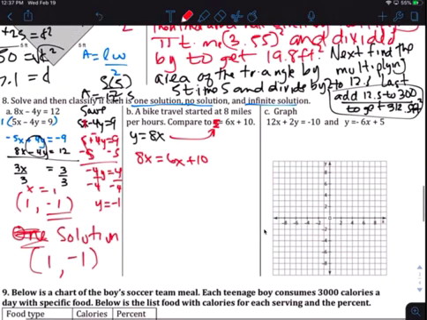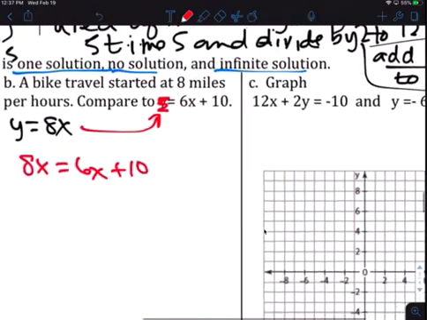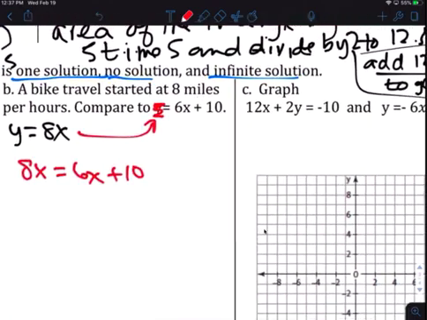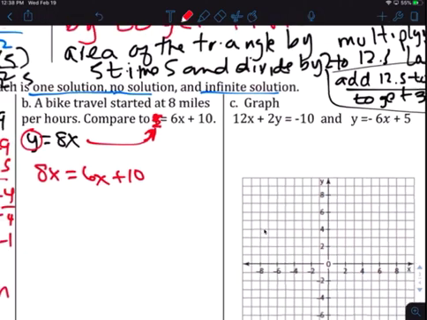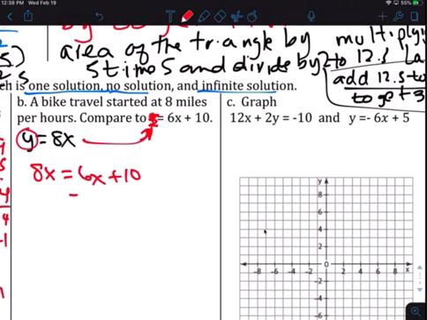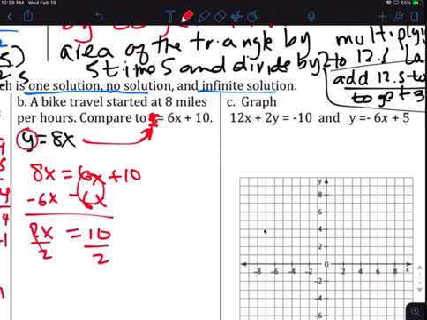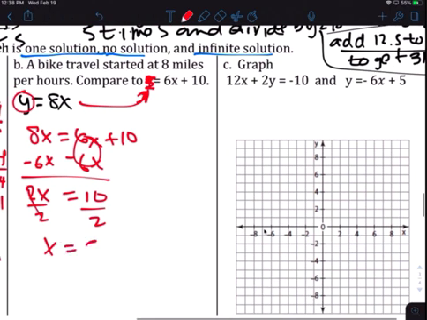Anyways, this one here you use substitution. That means because it's in slope-intercept form, cross out the y and substitute it in. Okay, right there. Subtract 6x from both sides, that's 0, 2x equals 10, divided by 2, x equals 5.